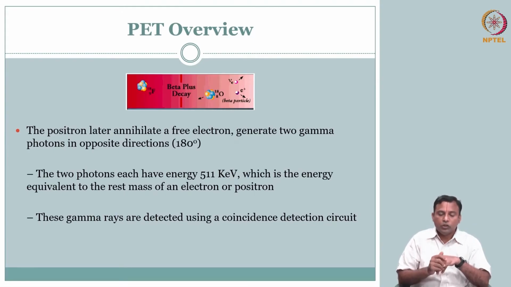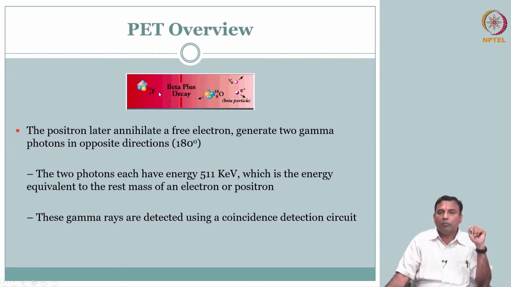So PET, recall that here you have a positron, but in some sense we are not really imaging it. We give the radioactivity and then there is this positron decay or beta plus decay, but we are not really capturing the positron.